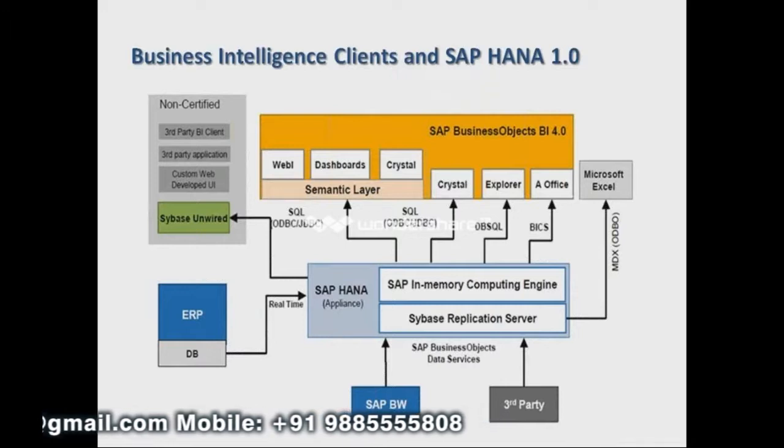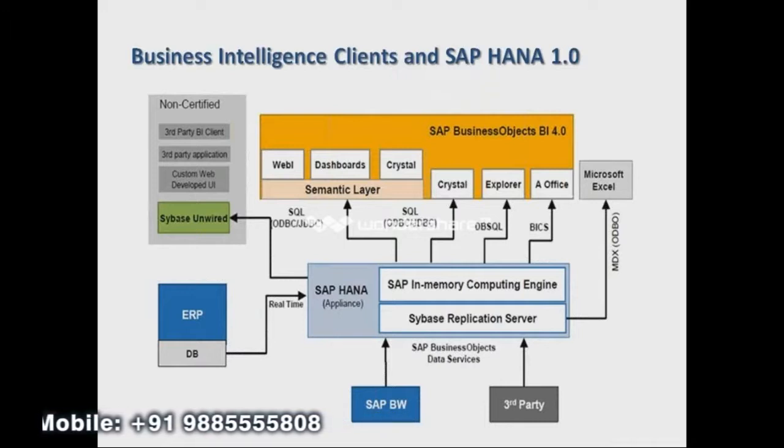We can also use HANA with ERP systems. If we consider this ERP system as ECC6, in the background it will have a database. So we can directly connect this ERP system to HANA.